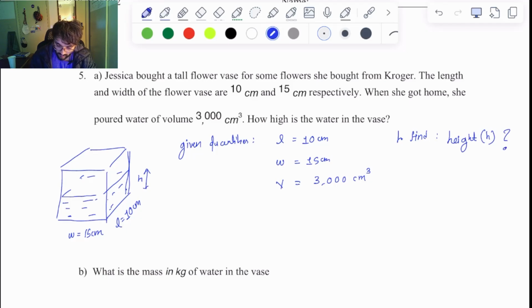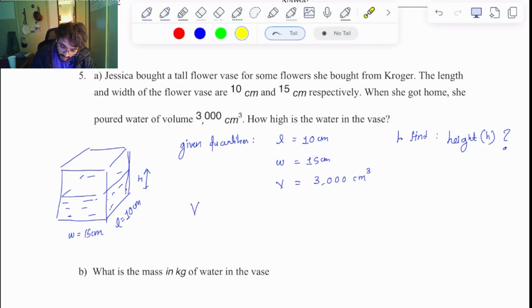Okay, so we will use the formula again. What I'm trying to do here is I'm only looking at this, right? Because if you look at this, this makes a cube. I'm only considering a cube of width 15 centimeter, length 10 centimeters, and height, we will find how much that height is.